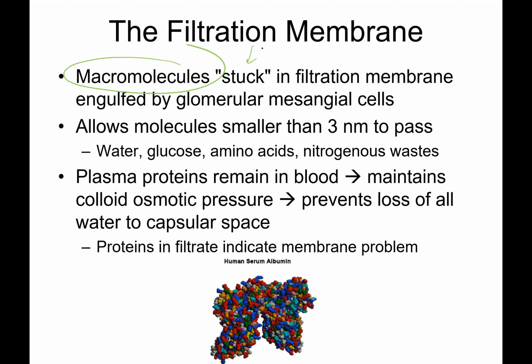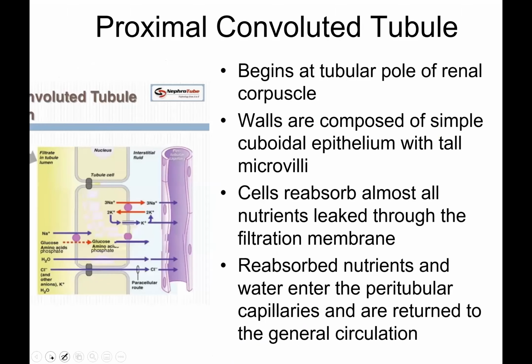Molecules smaller than 3 nanometers will be allowed to pass, such as water, glucose, some amino acids, and nitrogenous waste, and other toxins and waste products. But then there's things that your body wants to keep, such as proteins.